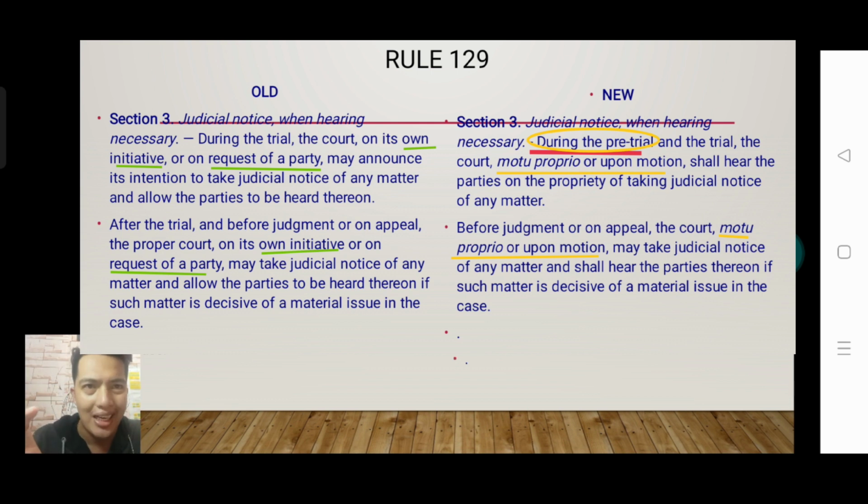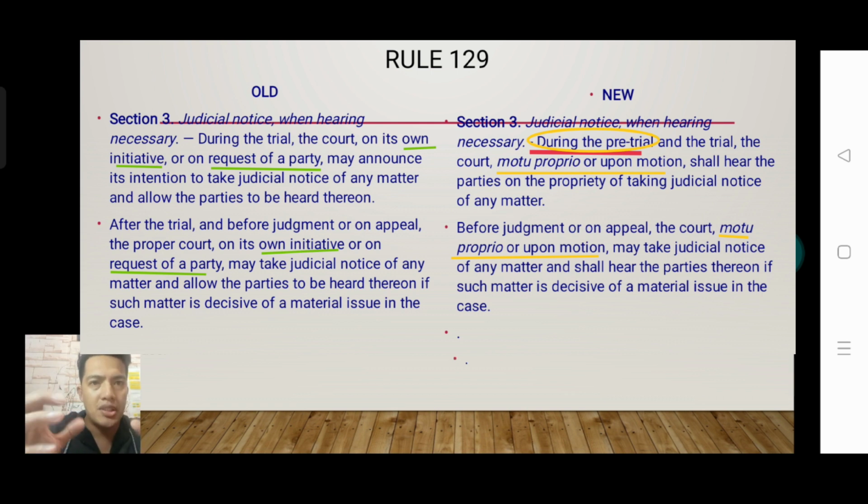Let us proceed to paragraph 2. What was changed there is the same as in the first paragraph: on its own initiative or on request of a party was replaced with motu proprio or upon motion. But in the second paragraph, there are also the words before conviction and after trial, and of course they have the same effect.